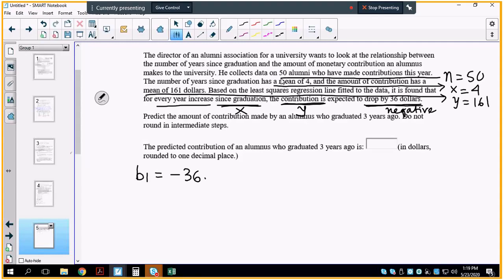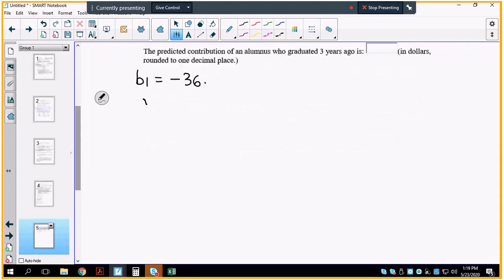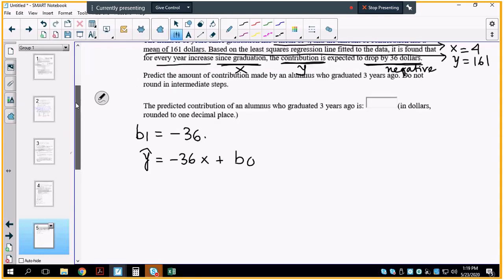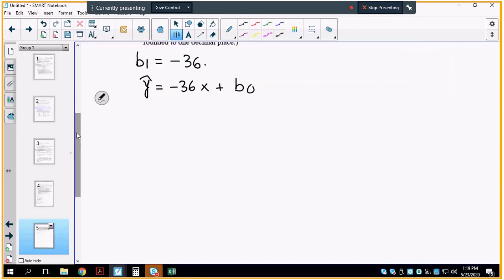So first we need to get the regression line. Y hat should be equal to the slope times x plus the y-intercept, which we do not know yet. But we know a given x value and given y value, 4 and 161. Put them in. 161 for y equals negative 36 times 4 for x plus b naught.